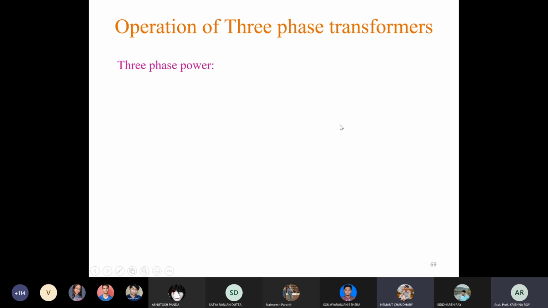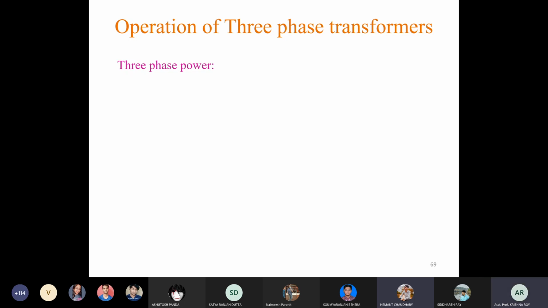So next we will be considering three-phase power. This is also known to you that three-phase power is equal to √3 VL IL cos phi.